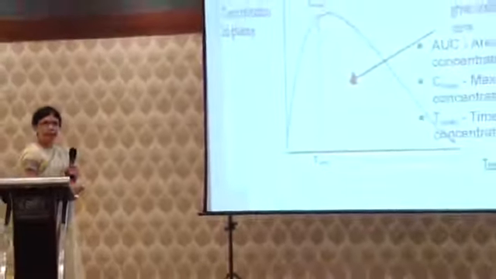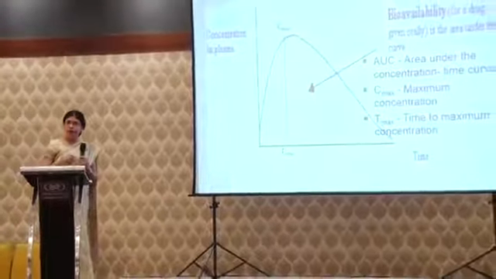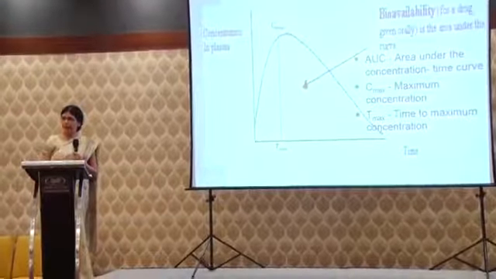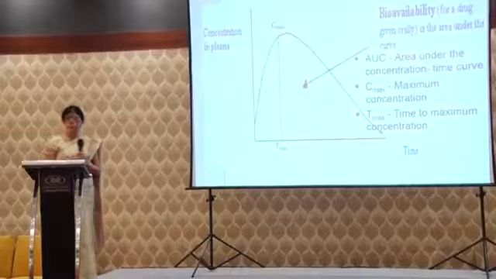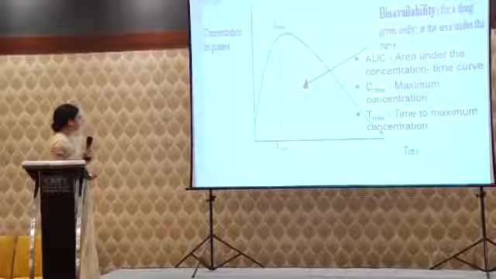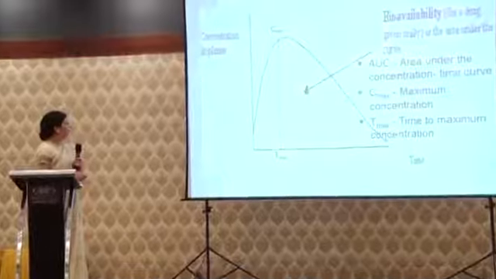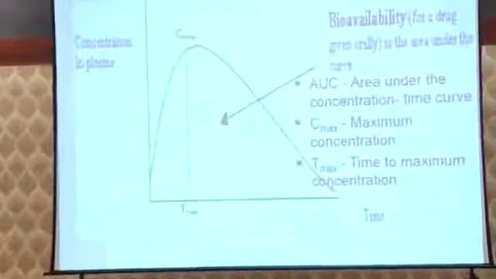Initially you can see it is increasing because the whole drug is in the body. It is being absorbed from that pharmaceutical formulation, and absorption is dominating. Even though absorption and elimination are happening together, in the beginning absorption is dominating, and that's why we are seeing this increasing trend. At a particular position, both of them are the same.